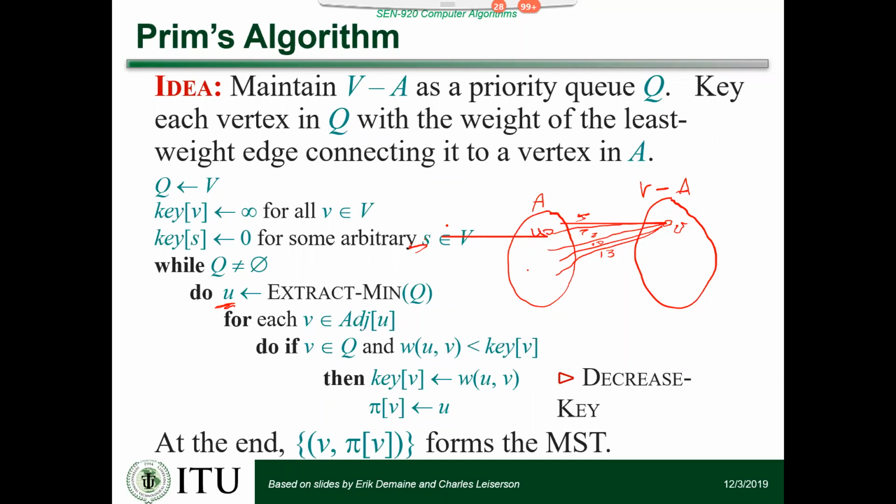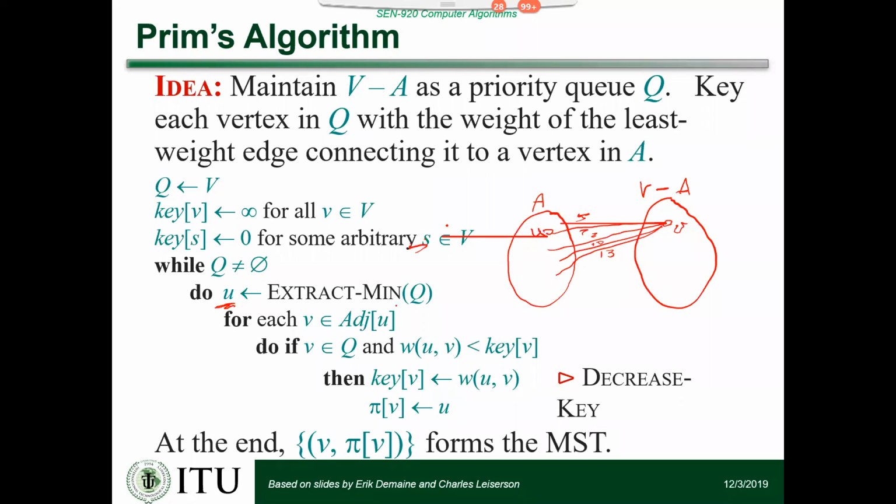A is the minimal spanning tree that we're growing, and V minus A has all the vertices that are not yet spanned in the minimal spanning tree that we're growing. A has all the vertices that are already spanned in the minimum spanning tree that we're growing.